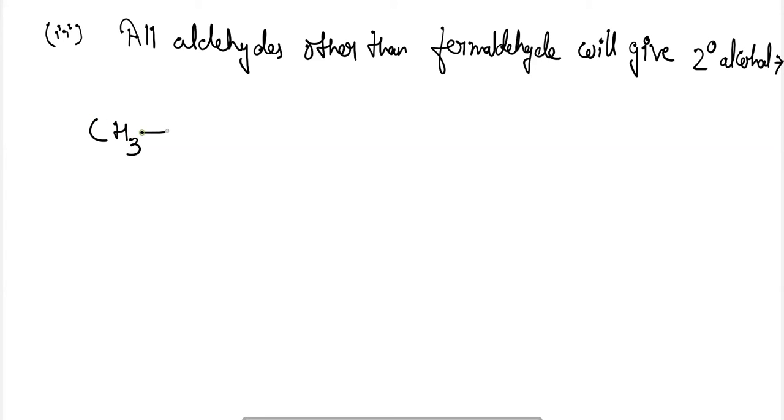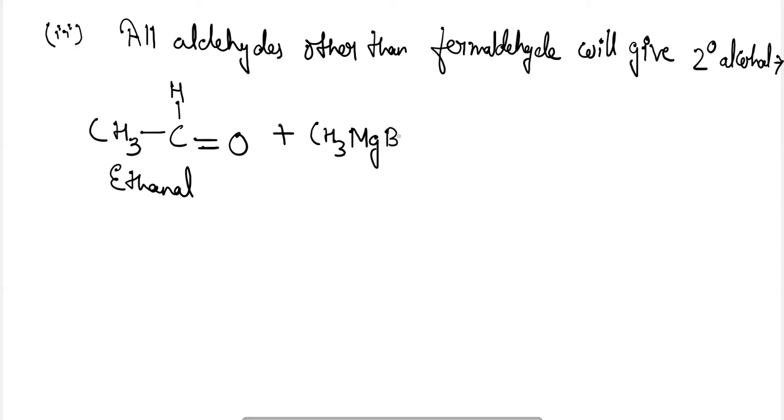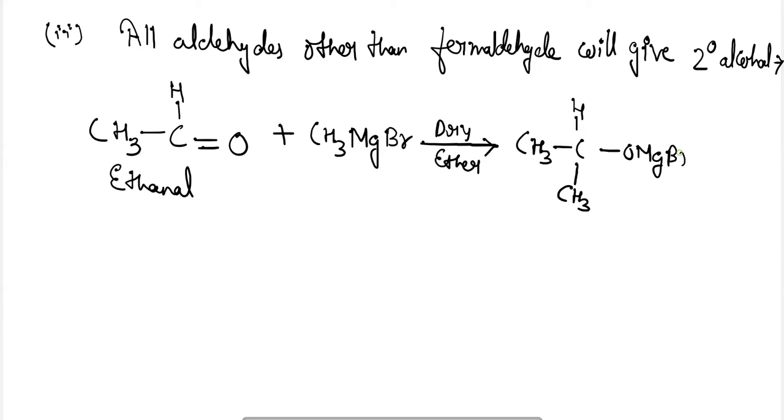For example, I am taking acetaldehyde here, CH3CHO. When it is reacted with Grignard reagent in the presence of dry ether, it will produce an addition compound.